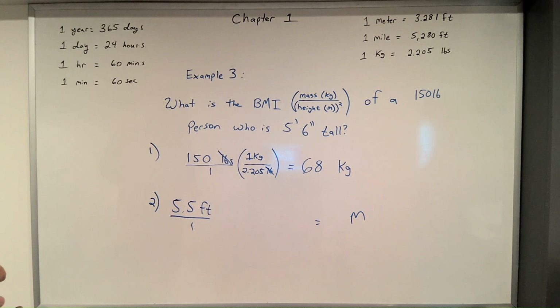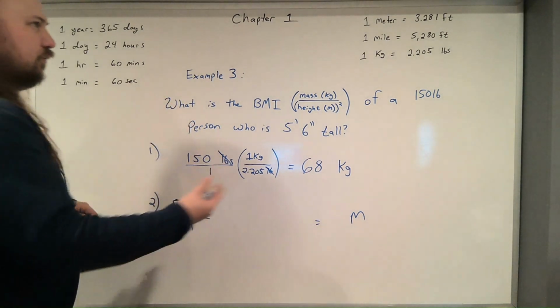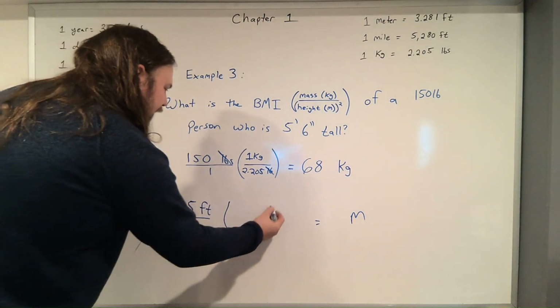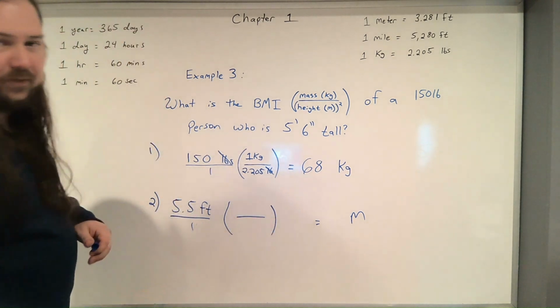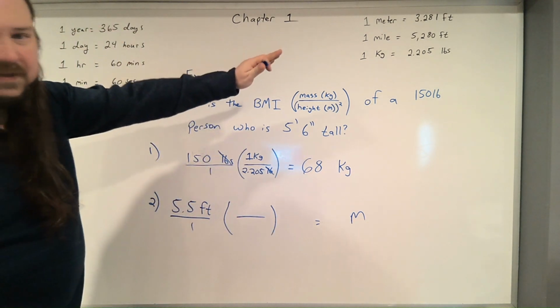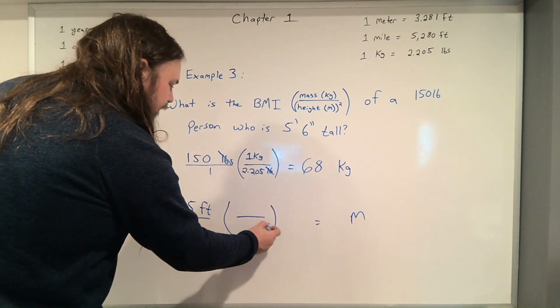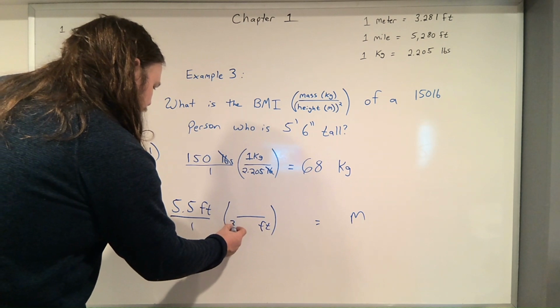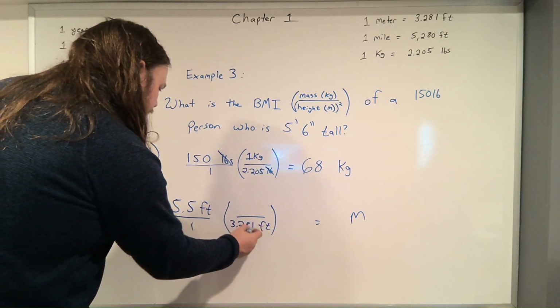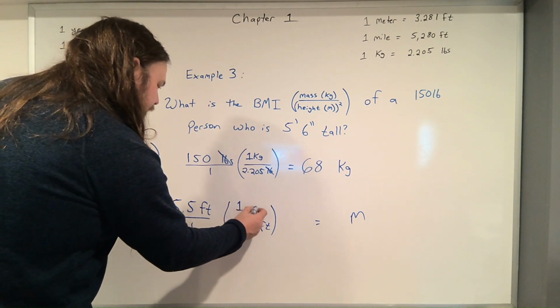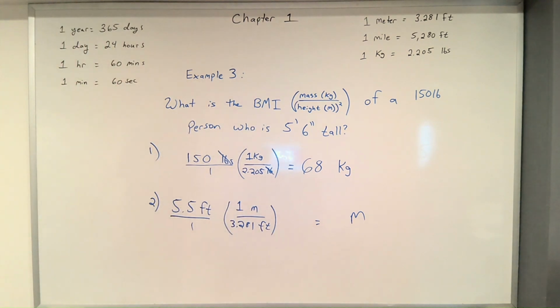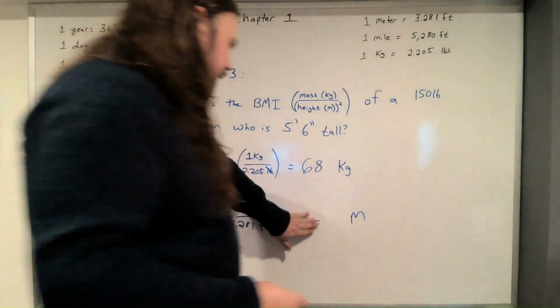Now we need to find another conversion. We have feet. We need to go to meters. So I look up, and I see that we do have a unit conversion that goes from meters to feet. Here's feet, which means I want feet on the bottom: 3.281. And that's 1 meter. And now I can go ahead and do that math out.